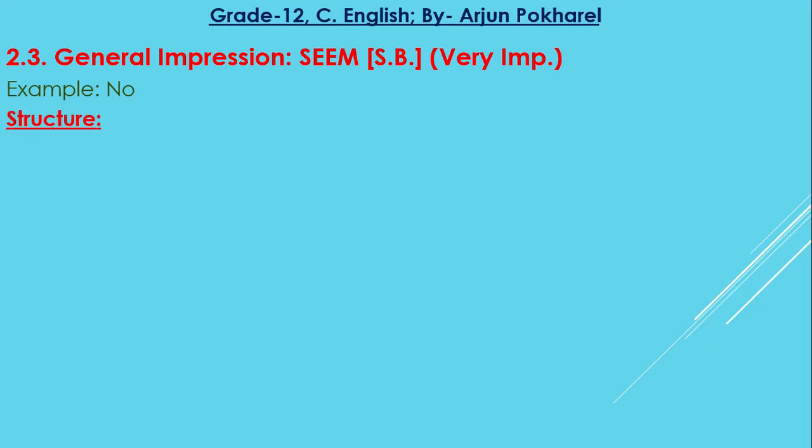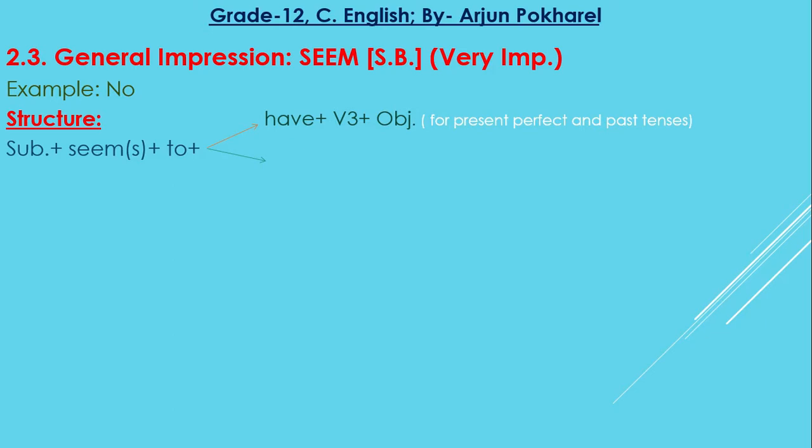Here, there are actually two different ways of describing this seem structure. It is a positive structure: subject plus seem or seems plus to. The first one is to plus have plus p3 plus object. We use this structure if the question is in present perfect tense or past tense.